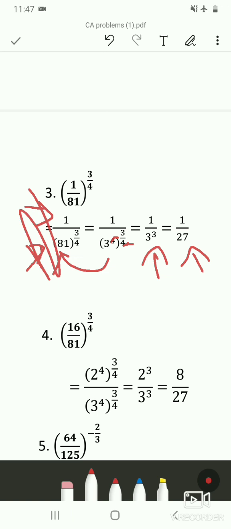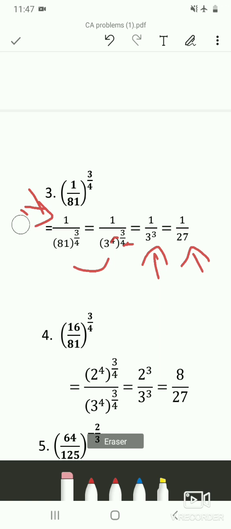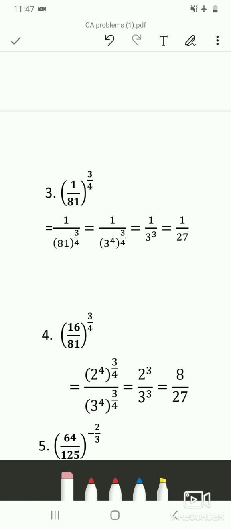So again, just let me revise this problem again. So 1 upon 81 whole power 3 by 4. So it is in the form of a upon b whole power m can be written as a power m upon b power m.